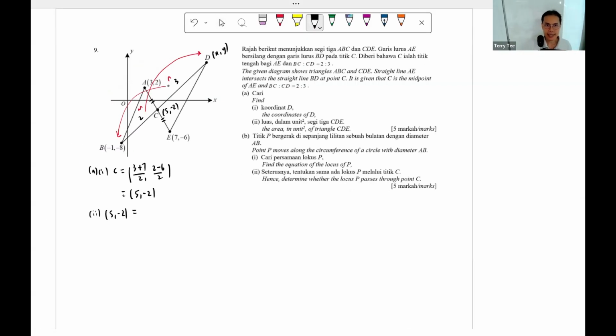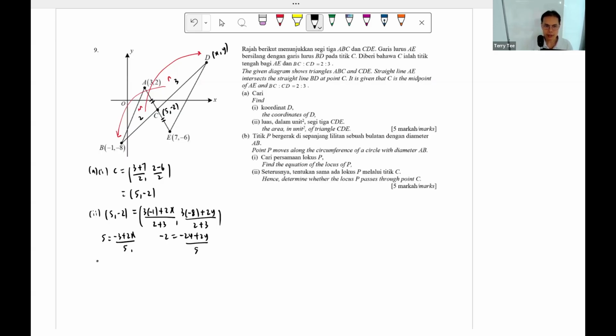So we take n, which is 3, times negative 1, 2 times x, total ratio 2 plus 3. Then 3 times negative 8, followed by 2 times y, total ratio 2 plus 3. So your 5 equals minus 3 plus 2x over 5, and minus 2 equals minus 24 plus 2y over 5.